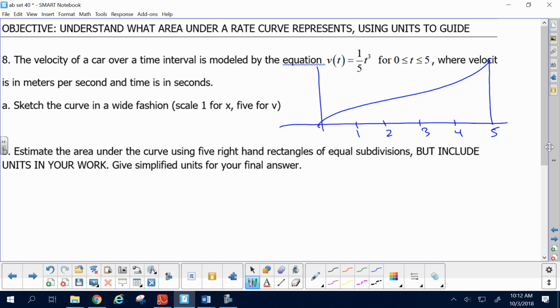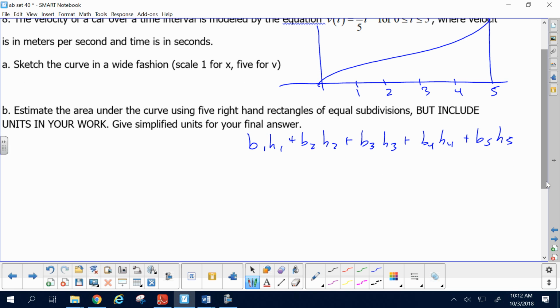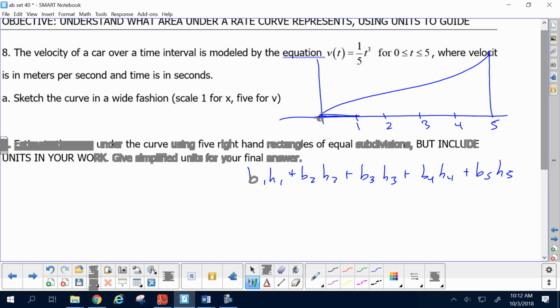I want to focus on part B. When you do the area here, and you say each of these base 1 height ones, or each of these, you could have factored out a base and that's fine, but I'm going to focus on the units here. In this first base, what's the base with units?